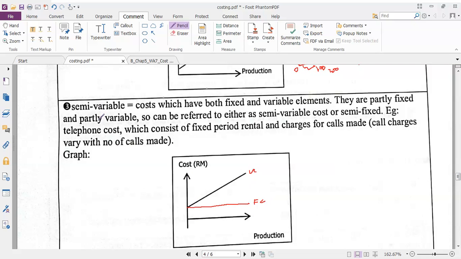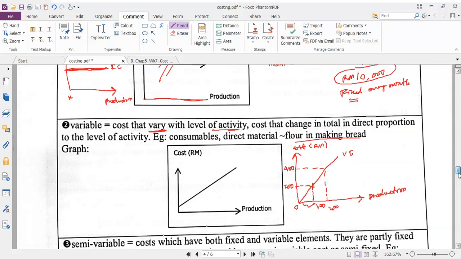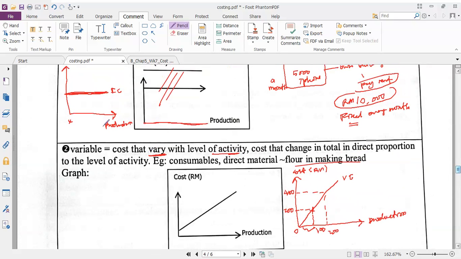Semi-variable ni dia akan combine. Dia bentuk L, lepas tu dia ada satu yang constant cost kat sini iaitu fixed cost, and then satu lagi variable cost. Kalau you tengok fixed cost dia straight je.